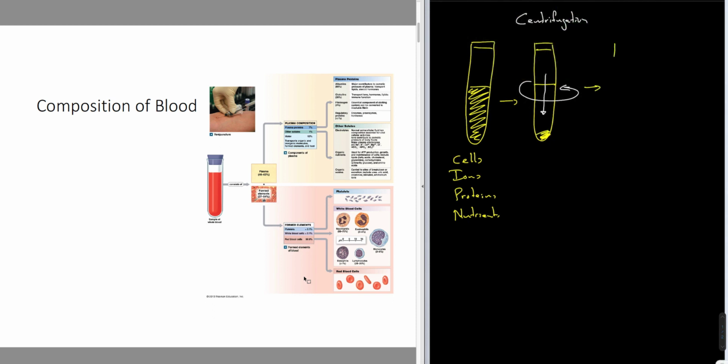You allow that to happen over a longer period of time, and you end up with solids at the bottom with fluid at the top. We call this fluid plasma, and we call the solids the formed elements.